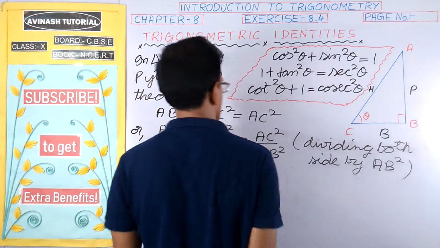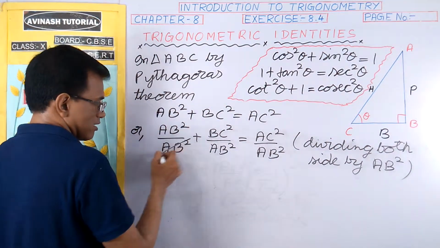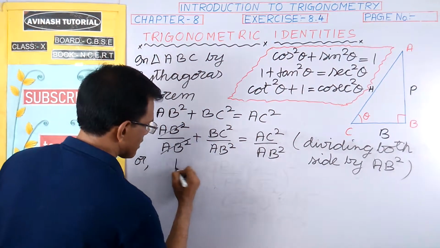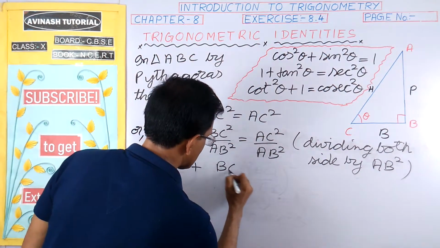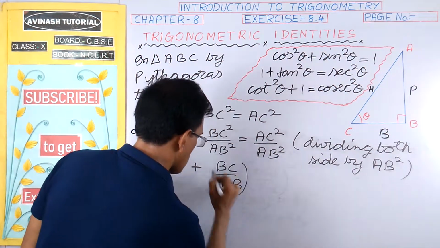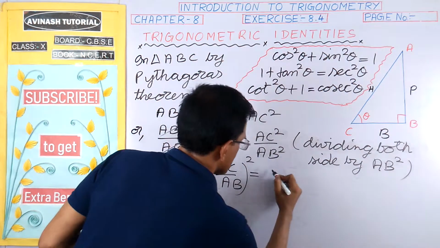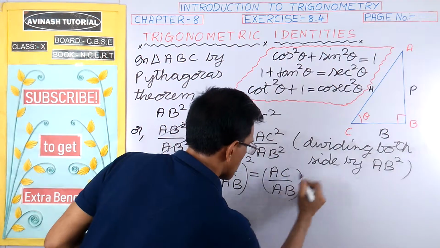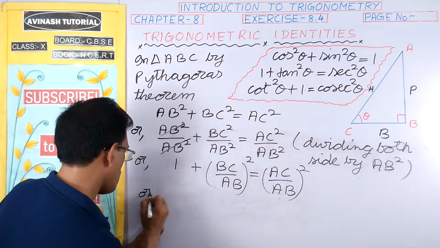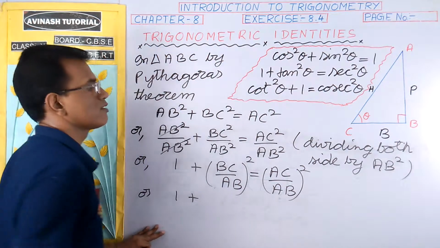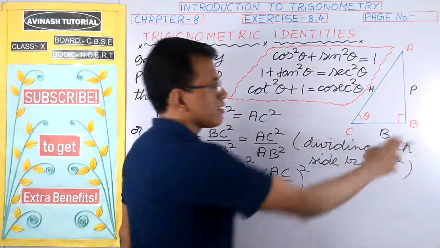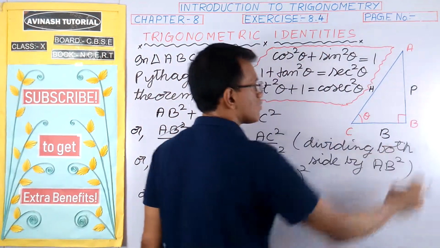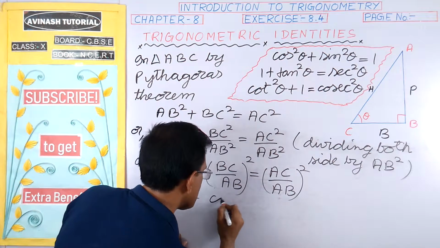Now see, this AB square and this AB square will cancel out and we'll get 1 plus BC by AB whole square. This is equal to AC by AB whole square. Or 1 plus BC by AB, base by perpendicular, is called cot theta.